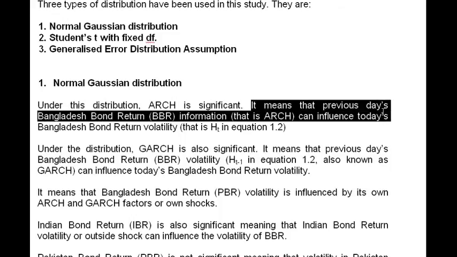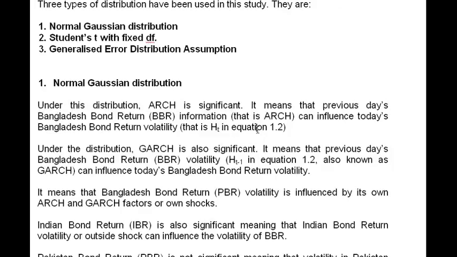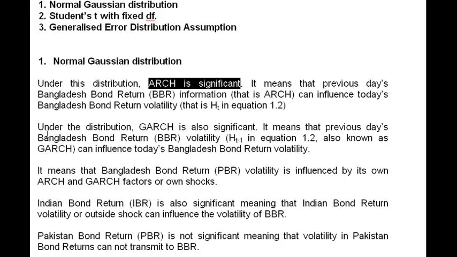It means that the previous day's Bangladesh bond return information, that is ARCH, can influence today's Bangladesh bond return volatility, that is HT in equation 1.2. So meaning that ARCH is significant.